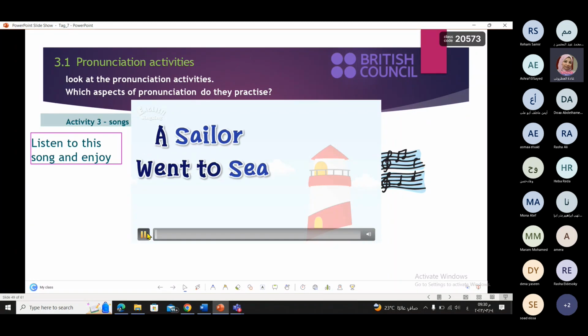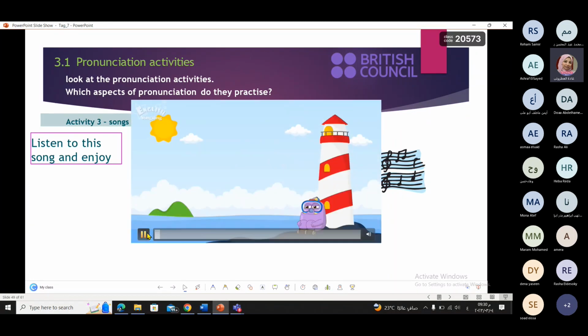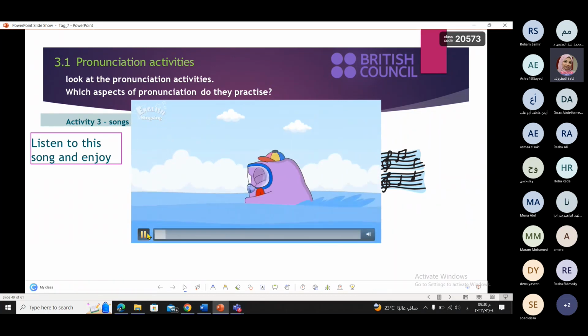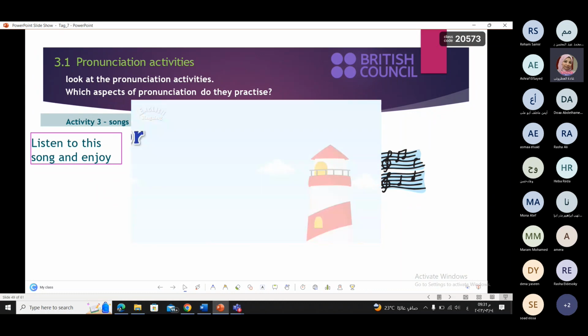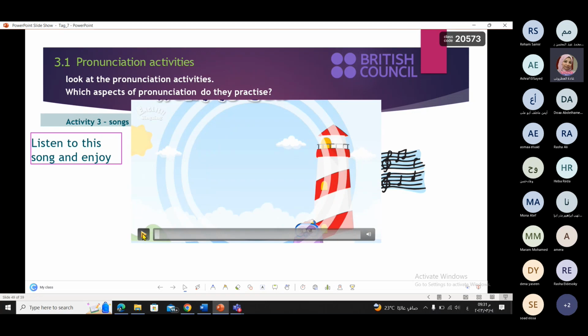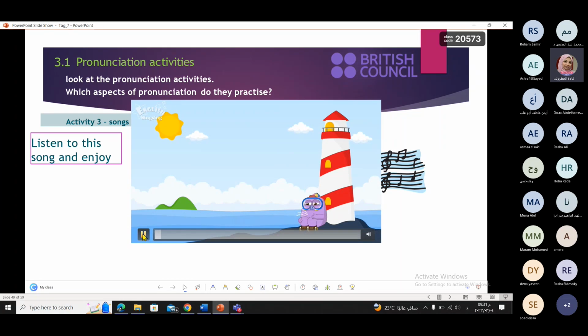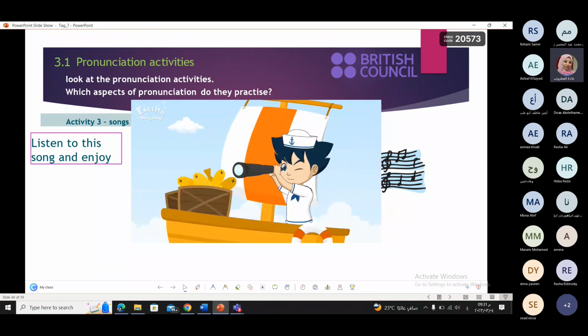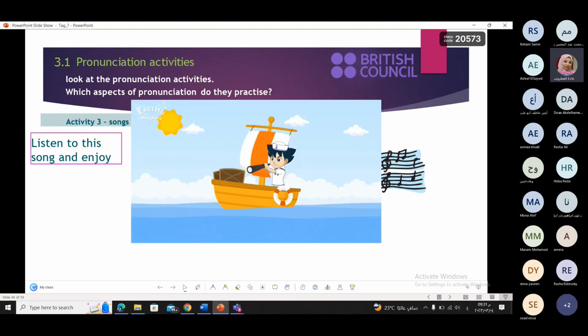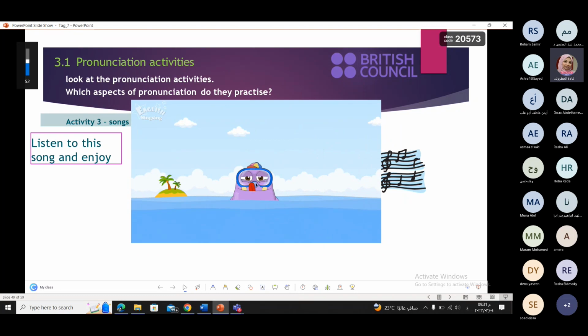A sailor went to sea, to see what he could see.